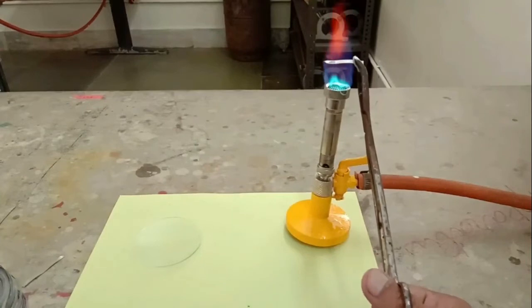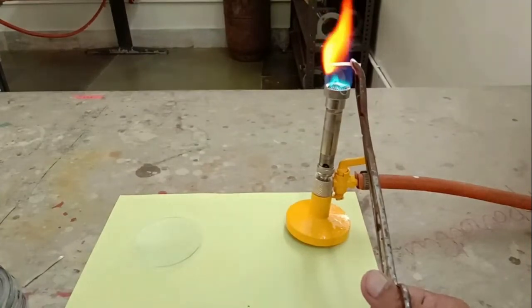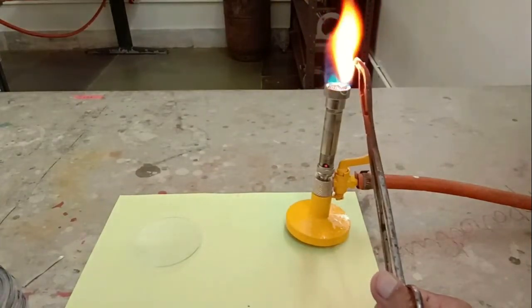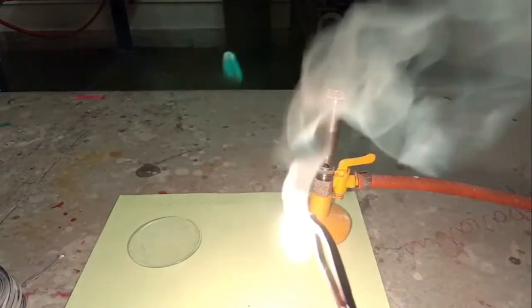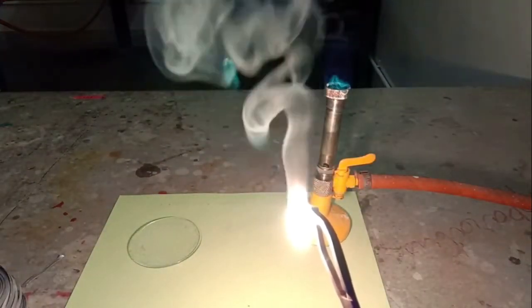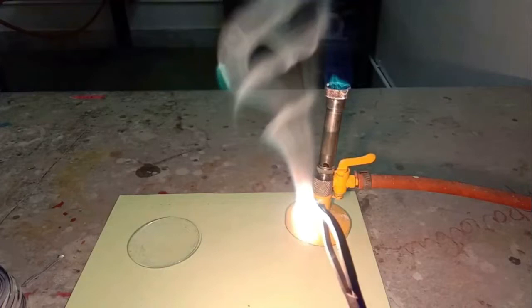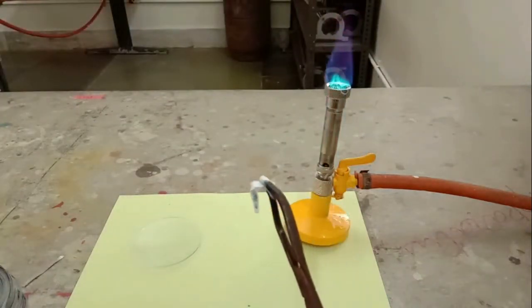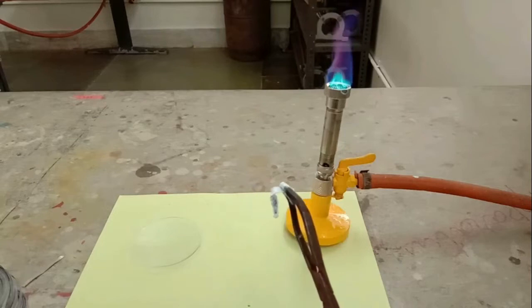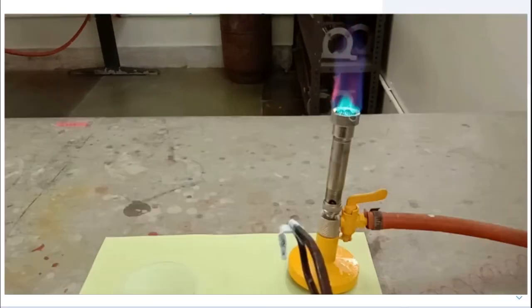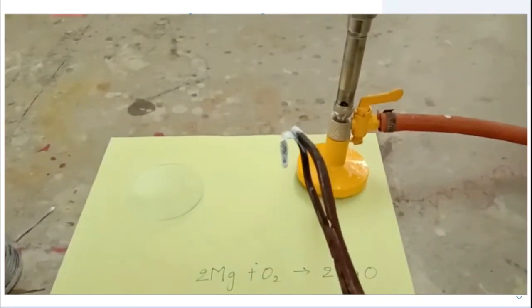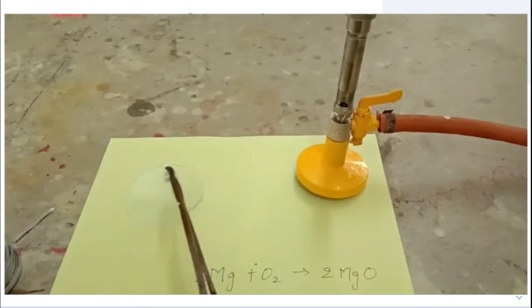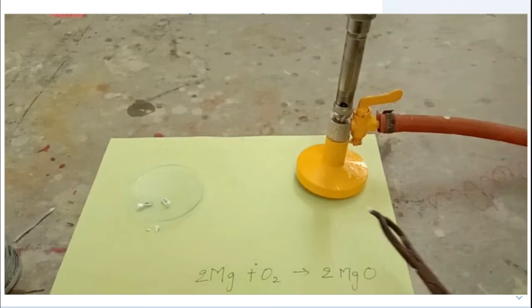See here, the magnesium ribbon burns with a dazzling white light. Yes, with the bright dazzling white light it burns and it forms a white powdery mass of magnesium oxide which we can collect in the watch glass.